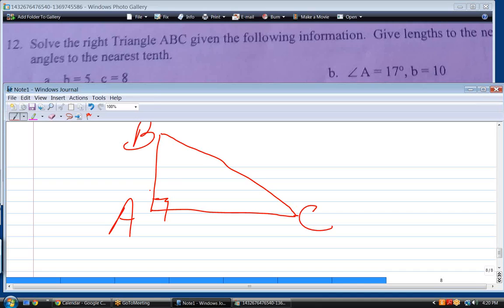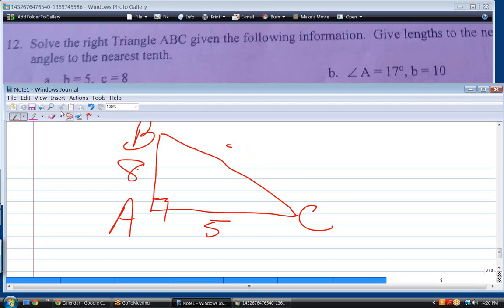In other words, I could call this triangle ABC, BCA, or CAB. So when they tell me right triangle ABC, only because I don't know, I'm going to assume that angle A is the right angle, which makes this one 5, this one 8.